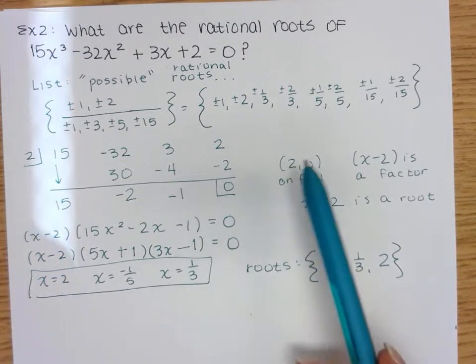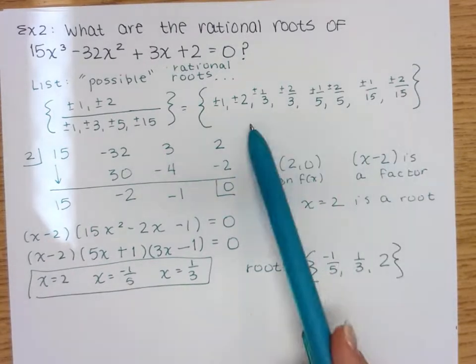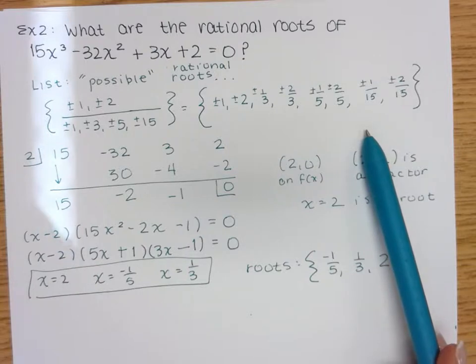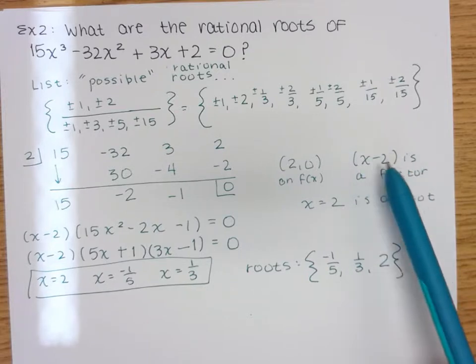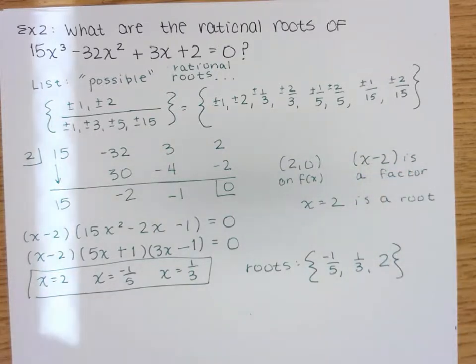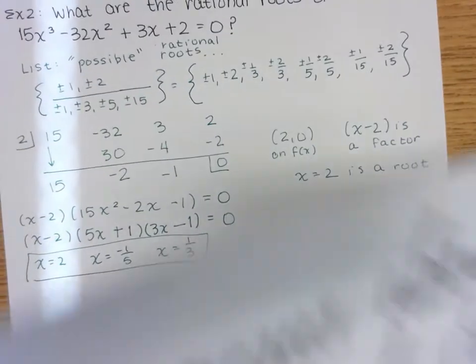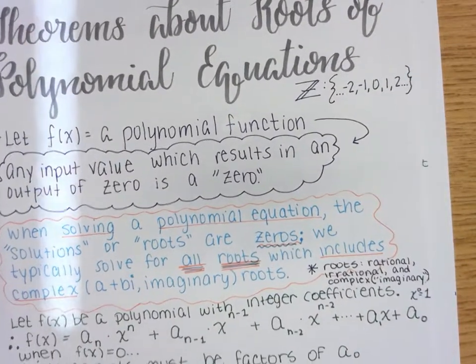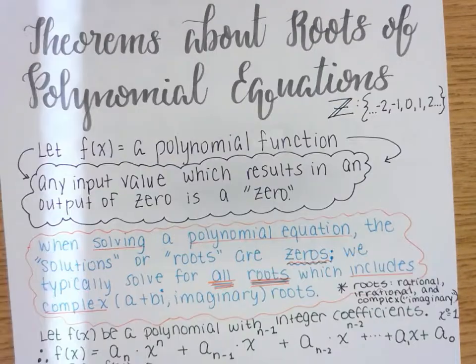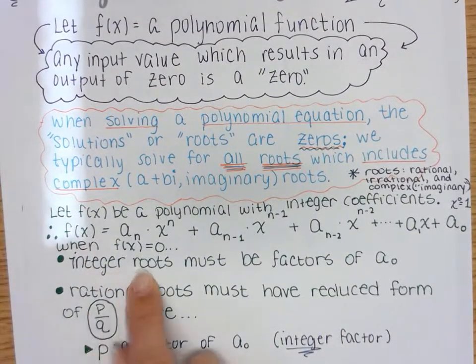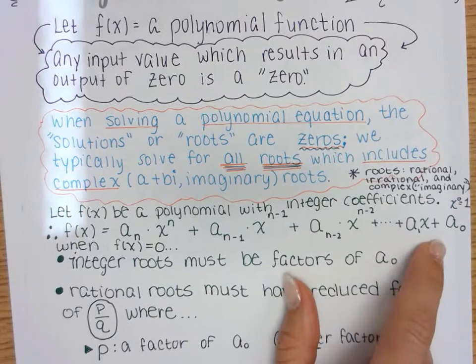Now, this list of possible roots, sorry, rational roots. These numbers are all on that list. Earlier, one of the rules we were looking at said that if we're going to have an integer root, integer roots must be factors of that last term, and we talked about why.